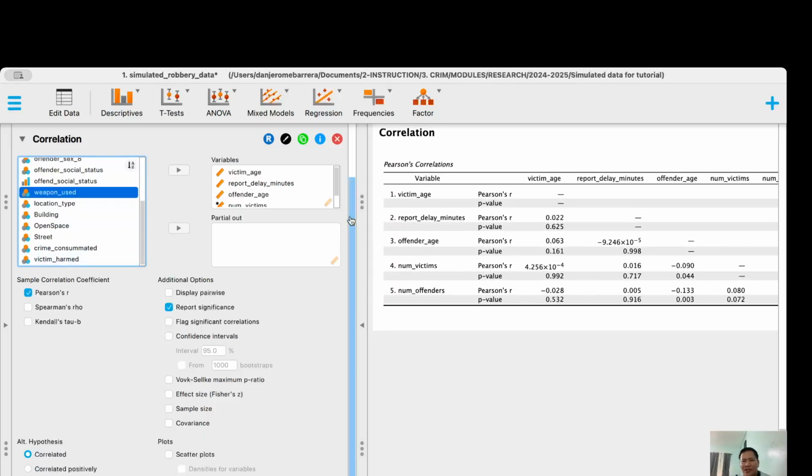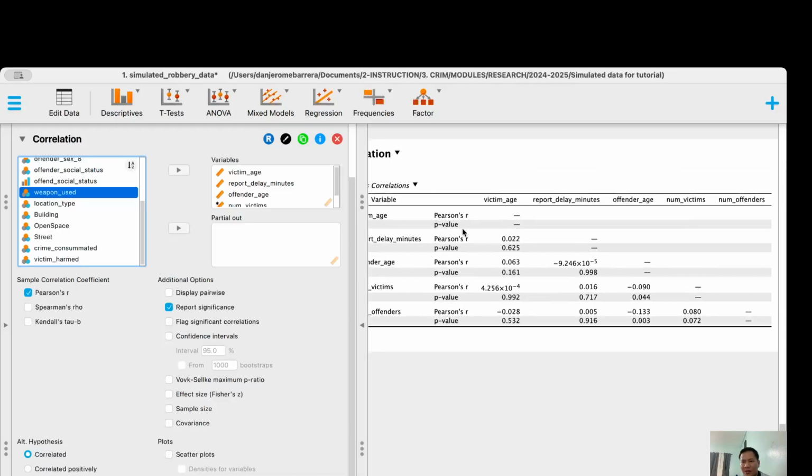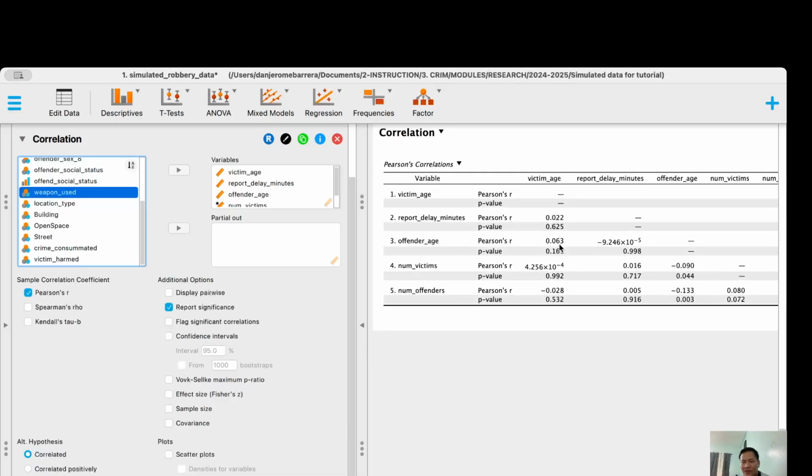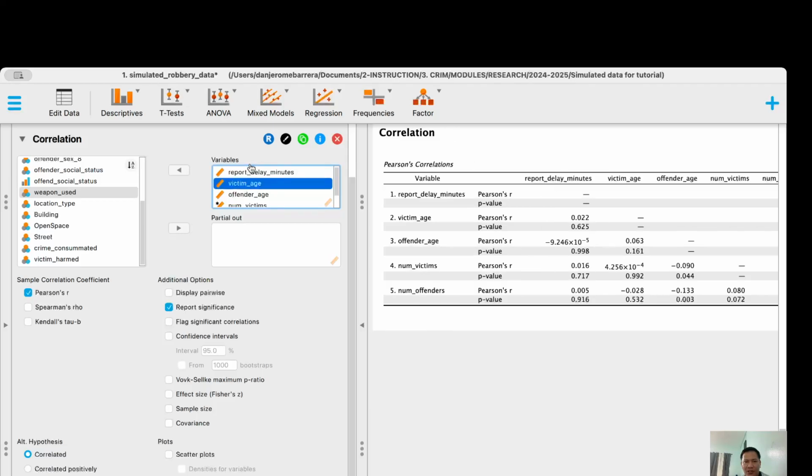So we now have this bigger table showing the different bivariate relationships: victim's age, reporting delays, offender's age. But it's better for us to rearrange this table. Let's move reporting delays on top so that it's easier for us to interpret. So here, number one is reporting delays, then victim's age, offender age, number of victims, and number of offenders. And the main dependent variable is reporting delay in minutes.